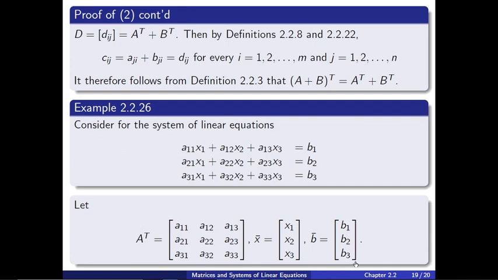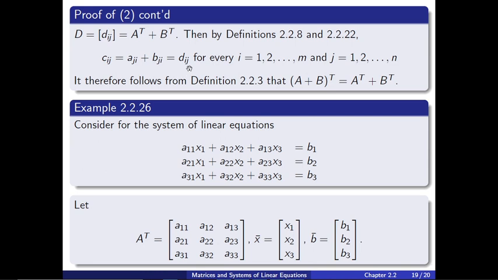transposed the sum of A, right? So we would have said A plus B. We would have gotten Aij plus Bij. But if we transpose, then it means the entry will now become Aji plus Bji. But this is the entry of A transpose, and that is the entry of B transpose.